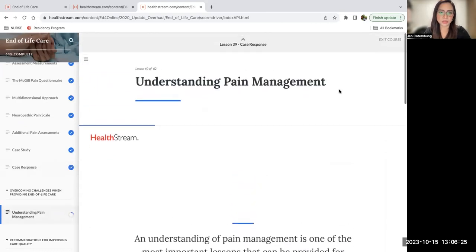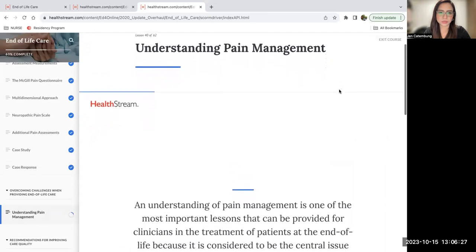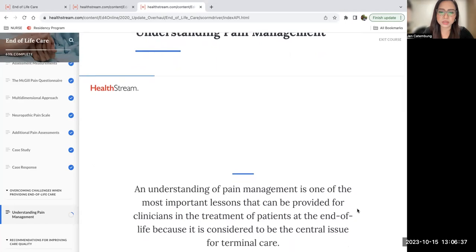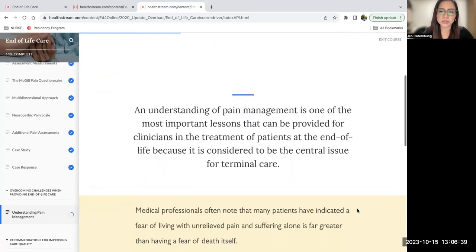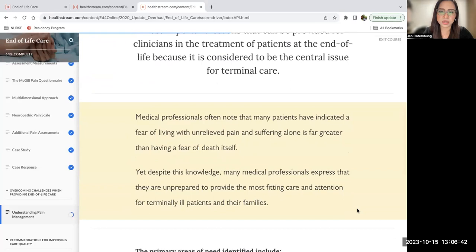Understanding pain management. An understanding of pain management is one of the most important lessons that can be provided for clinicians in the treatment of patients at the end of life because it is considered to be the central issue for terminal care.